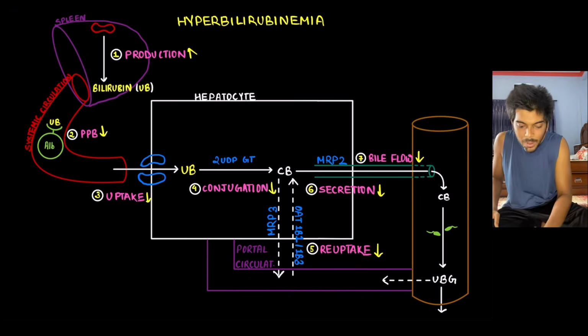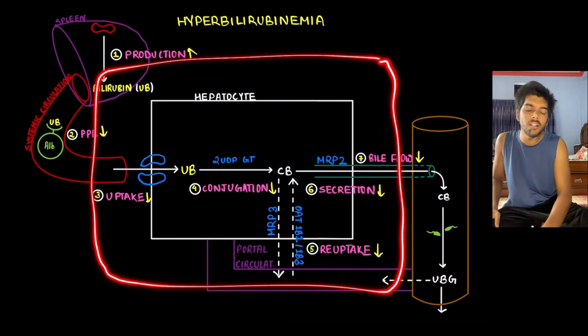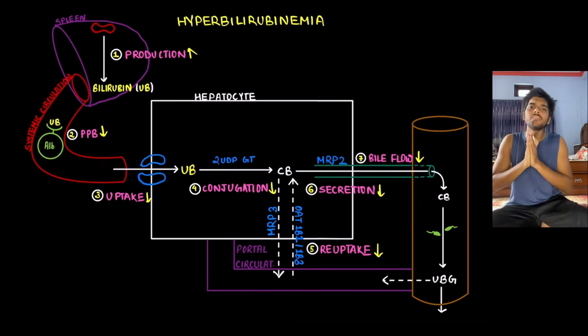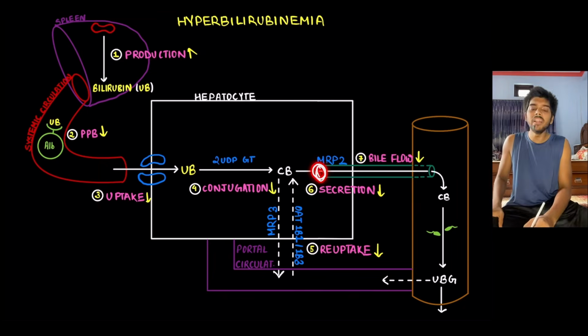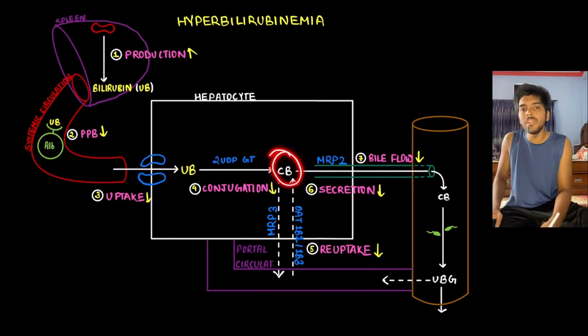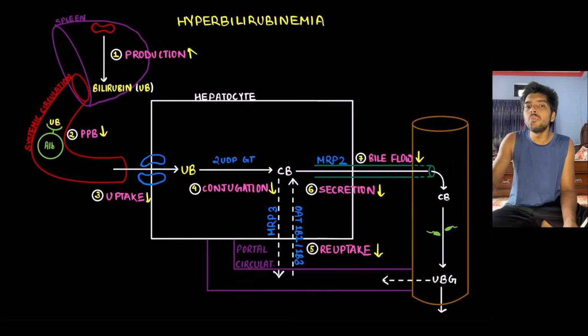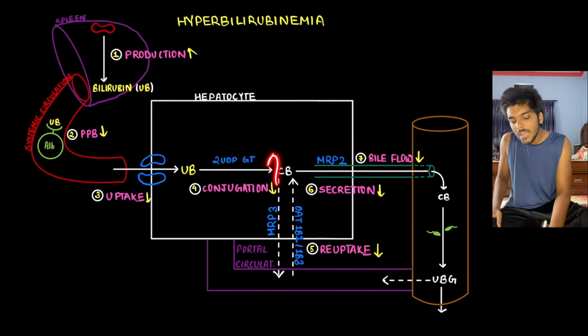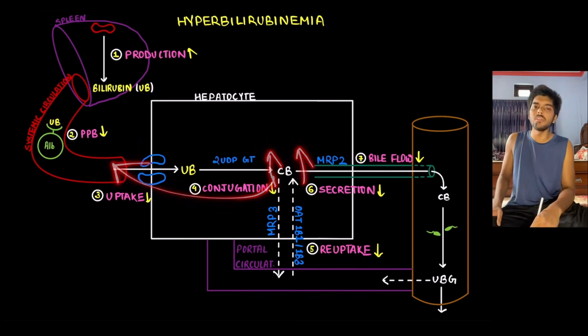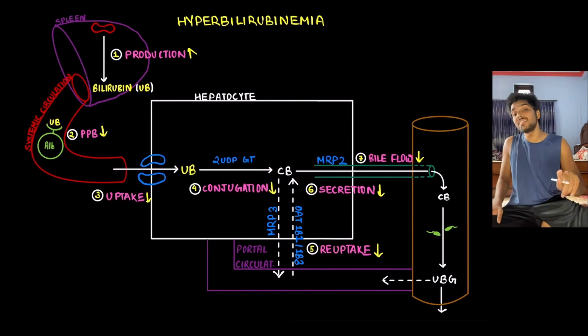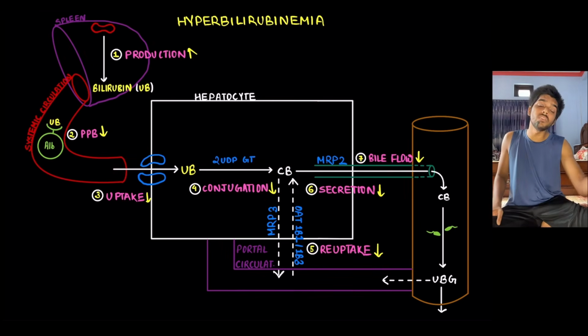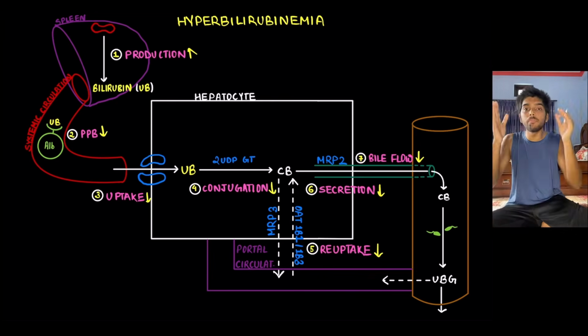Since there is inflammation, there is an increment in the size of the cell. These cells press against one another, and they also press the biliary canaliculi, leading to obstruction in the biliary canaliculi. As a result, the conjugated bilirubin is unable to be excreted out of the cell. So it gets accumulated in the cell, and the accumulated conjugated bilirubin gets pushed into the circulation as well. As a result, there is an increase in the level of conjugated bilirubin, or conjugated hyperbilirubinemia. There is both, brother, there is both.